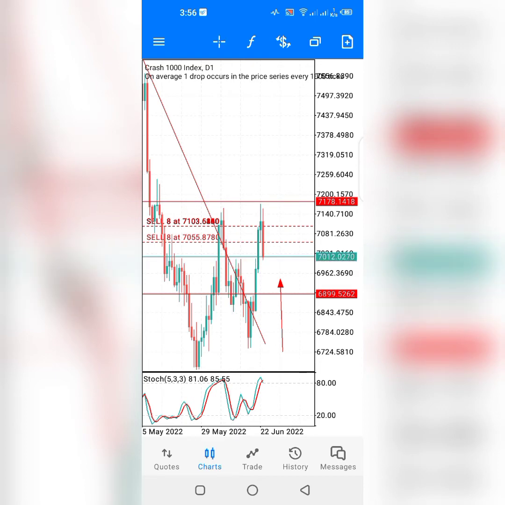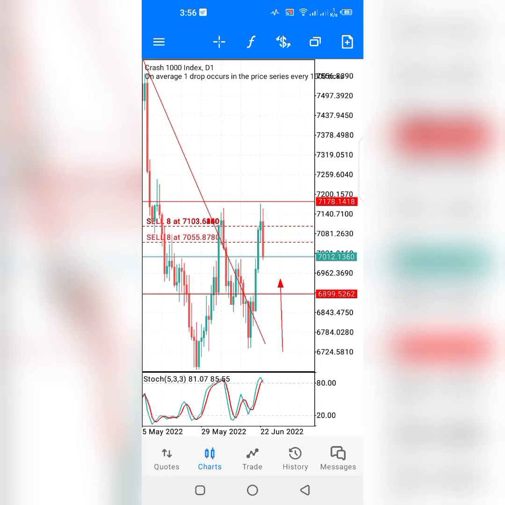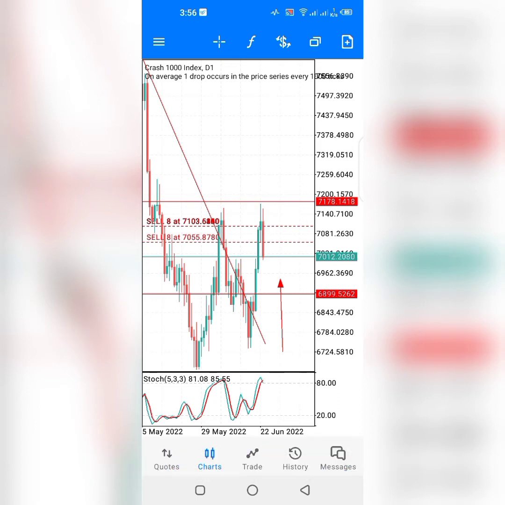So guys, it's not a must for you to be trading all pairs. Like, I trade Boom 1000, Boom 300, Boom 500, and come to Crash 1000, Crash 500, Crash 300, and like that. So you can decide to stick with just one of them. All right, so when you stick with one of them, this will give you an upper hand, especially for those who are trading currencies.